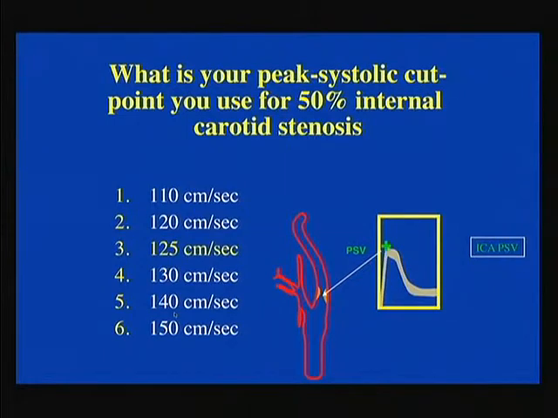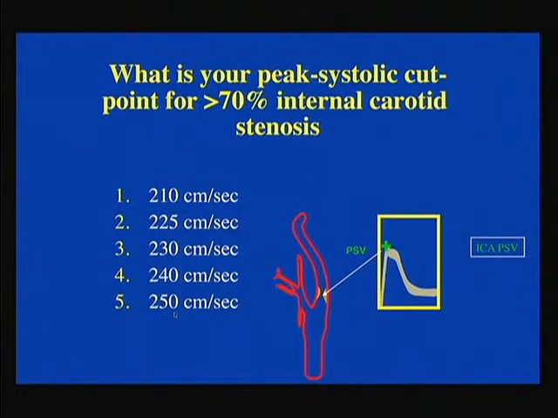And the 125 is really kind of a screening level. It's a level that we've picked to make sure we don't miss something. You know, we want to make sure we capture people with stenosis. We just don't want to miss those people. So better to have more people that are falsely positive that we think have greater than 50 or actually less than 50 than to miss the people that are greater than 50.